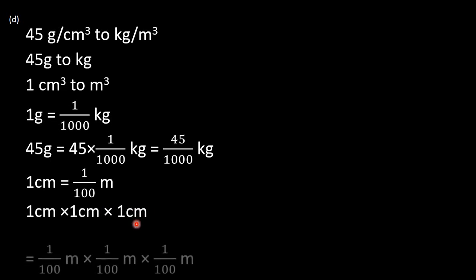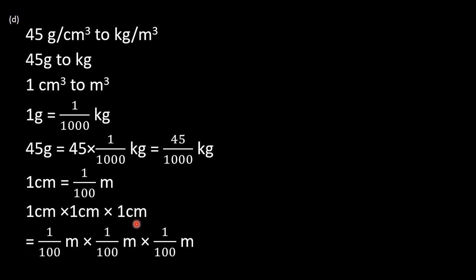And so 1 cubic centimeter is 1 over 1 million cubic meters. So we have converted the 45 grams to kilograms and also the 1 cubic centimeter to cubic meters.